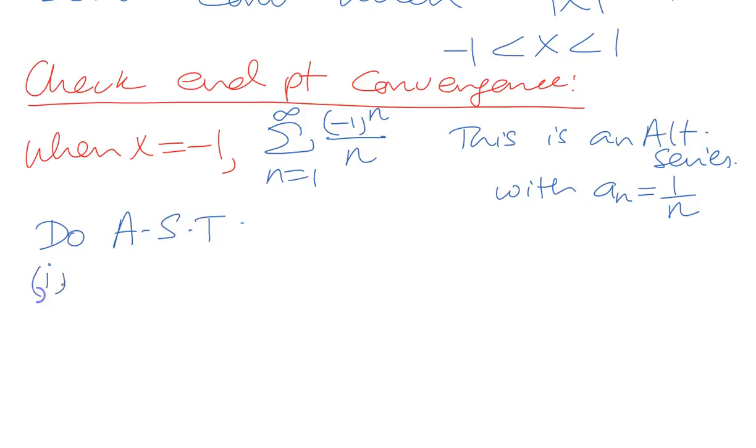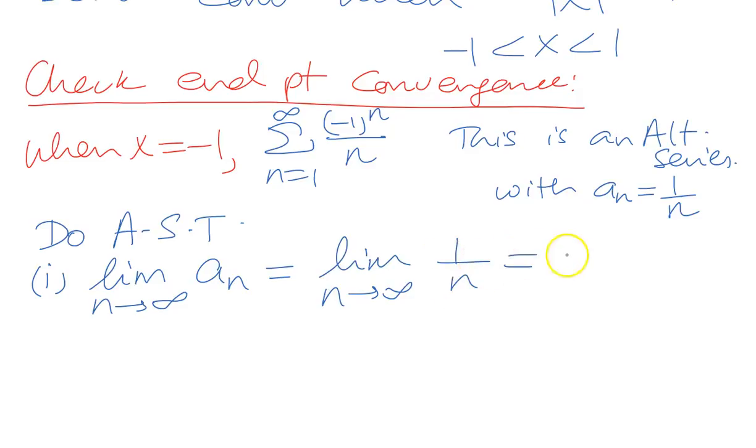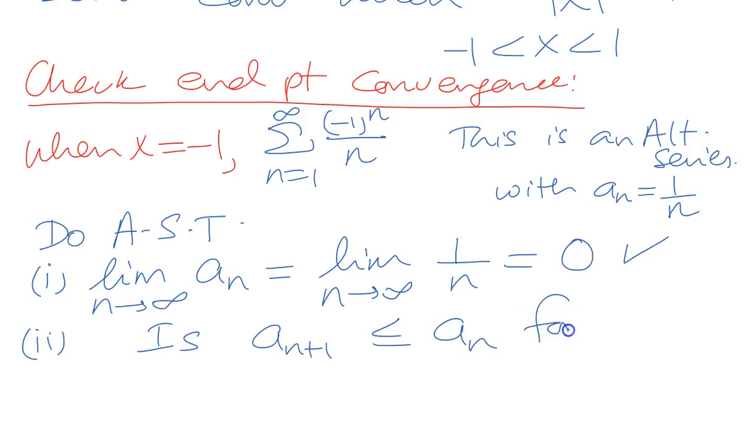Remember, in order to determine whether a series is convergent or divergent by an alternating series test, you must check two conditions, right? So you have limit as n goes to infinity of a_n, and that limit must be 0, guys. What's the limit of 1 over n as n goes to infinity? That is 0. The first condition is met. Then you are going to ask, is a_(n+1) less than or equal to a_n for all n?